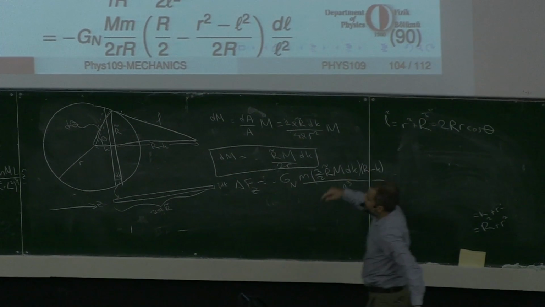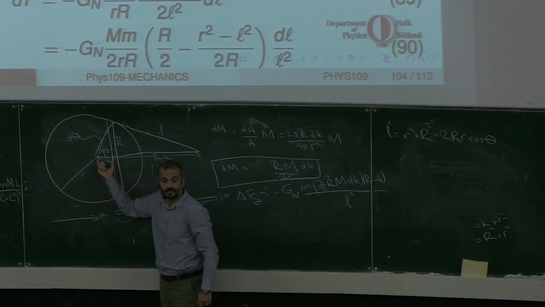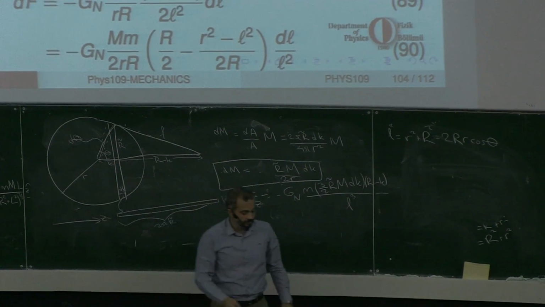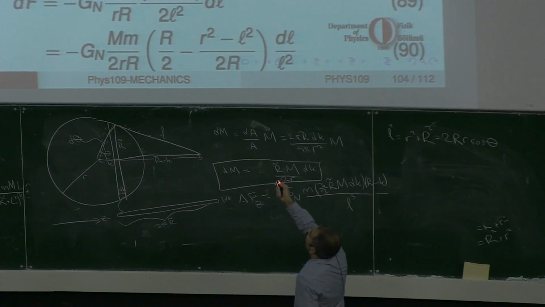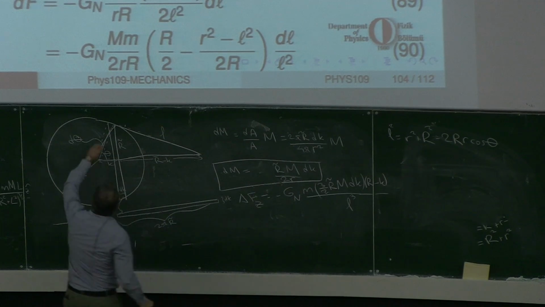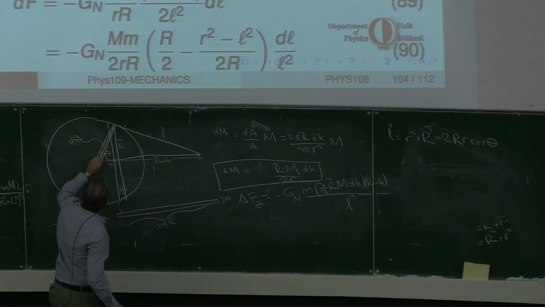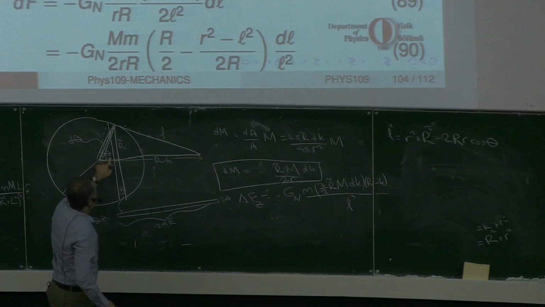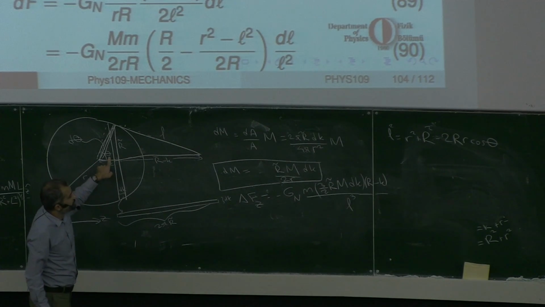But note that k, this k over here, is nothing but small r times cosine theta. This is my small r, this is my small r, and this is my k, and this is my angle. R times cosine theta is my k.